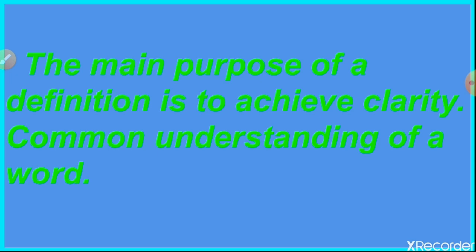Generally, when we talk about democracy, it is a form of government. Somewhere democratic government and somewhere non-democratic government. And when we want to define democracy, we want the cause, the real reason, the purpose of democracy. So that's why the main purpose of definition is to achieve clarity.